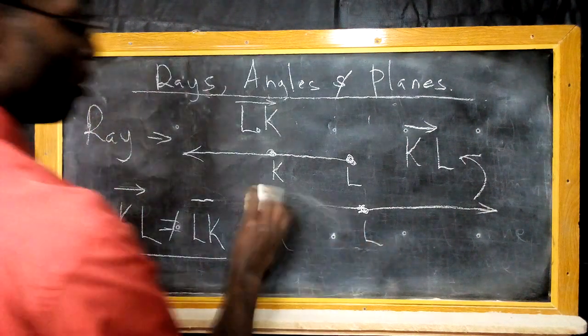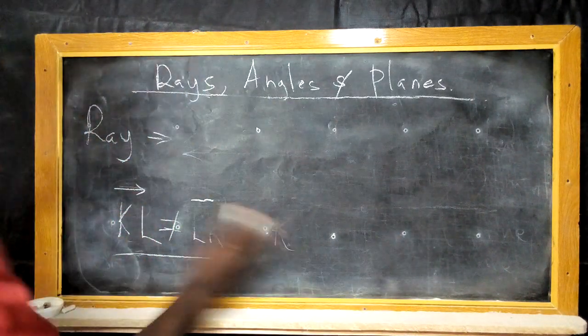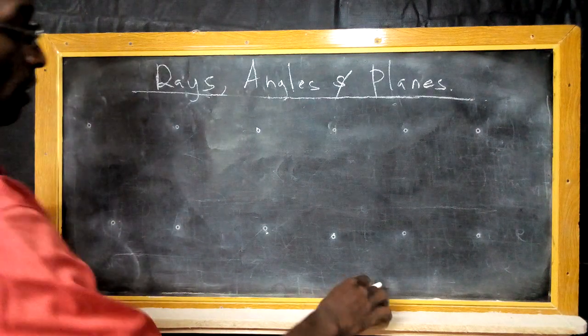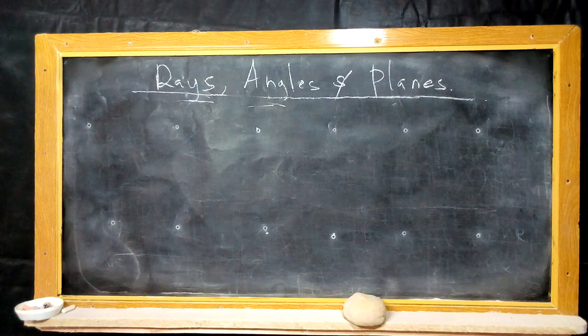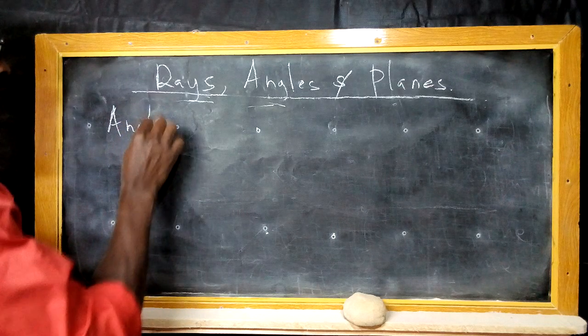So from the ray, we are going to see that the combination of two rays forms what we call an angle. So from this concept, we are going to move to the concept of an angle.